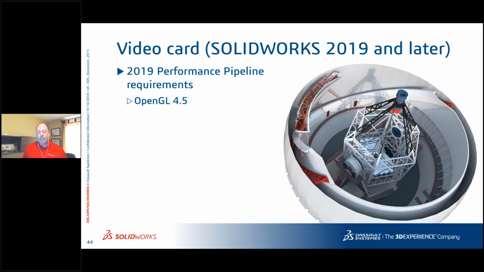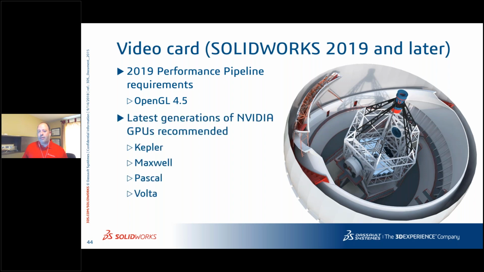So your graphics card has to support OpenGL 4.5. We do recommend, it's not specific to NVIDIA cards, this will work on other types of cards, but we do recommend the latest generations of NVIDIA's, the Kepler, Maxwell, Pascal, and Volta. Those are the cards that work better using the new performance pipeline.